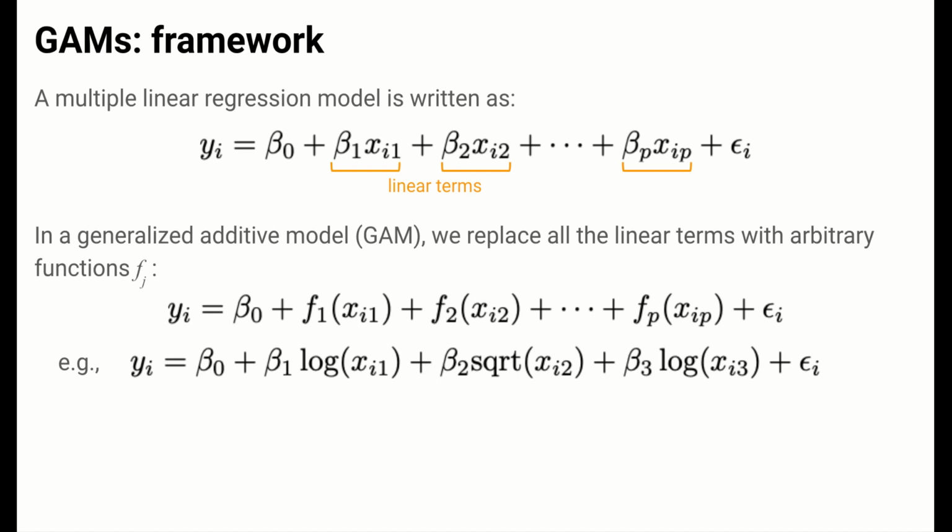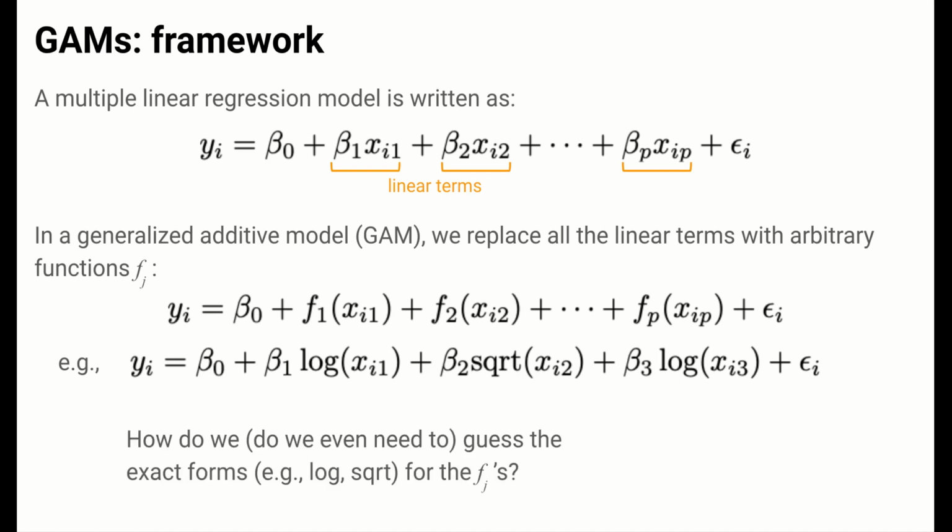The relationship between each predictor and the response is no longer linear because the logarithm and square root functions are nonlinear. Note that this model could still be fit like an ordinary linear regression model by just using log transformed versions of x1 and x3 and a square root transformed version of x2. Still, this GAM formulation enriches or extends the ordinary linear regression framework.